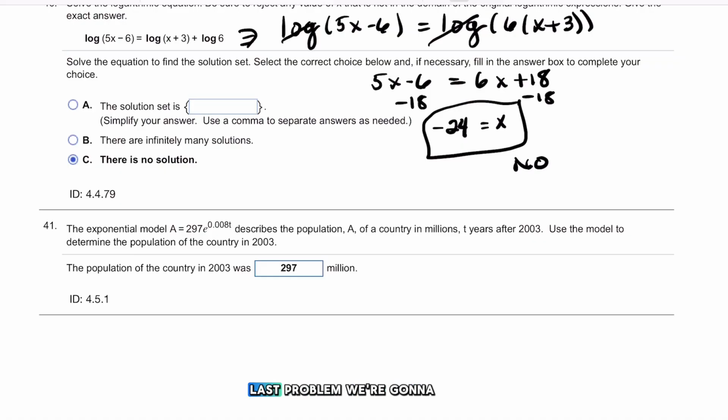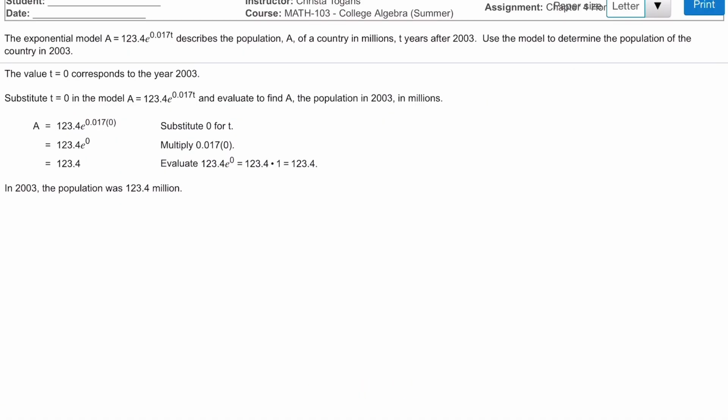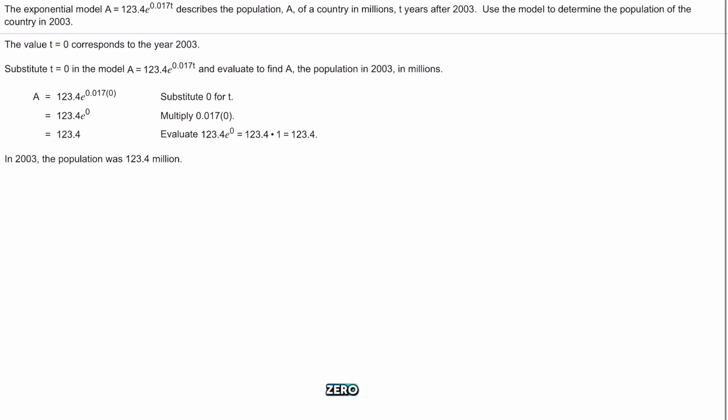And then finally, the last problem, we're going to use the example. So you see that you just plug in 0 because it corresponds to the year 2003.